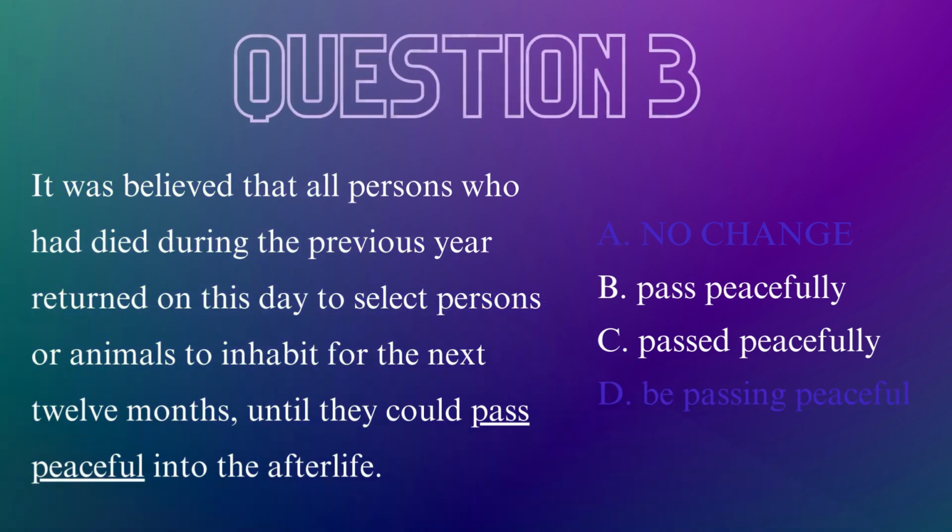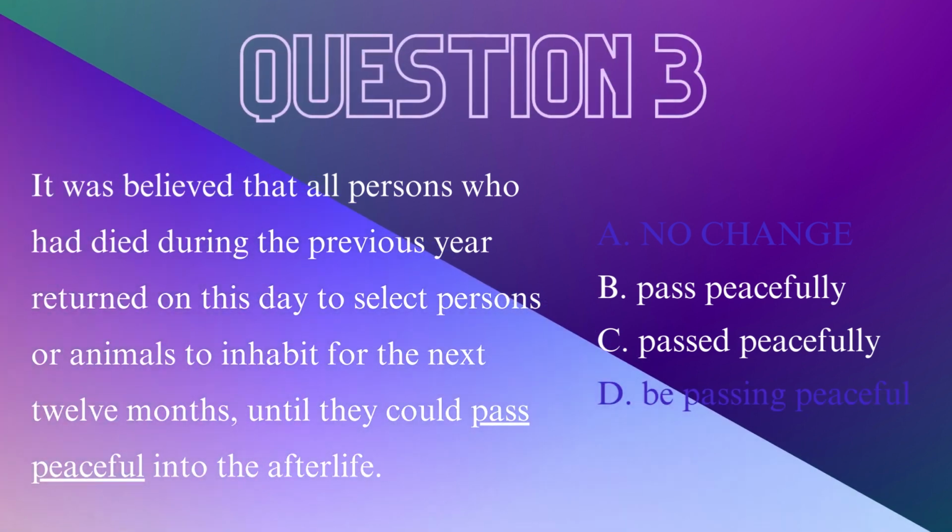They were looking to select persons to inhabit until they could pass how? Peacefully. Okay, so peacefully is found in choices B and C. So what's the difference between choice B and C? Well, look at B. The verb here is pass.